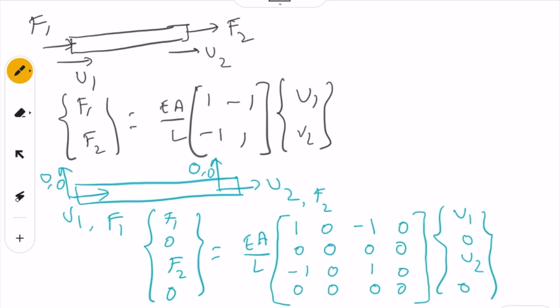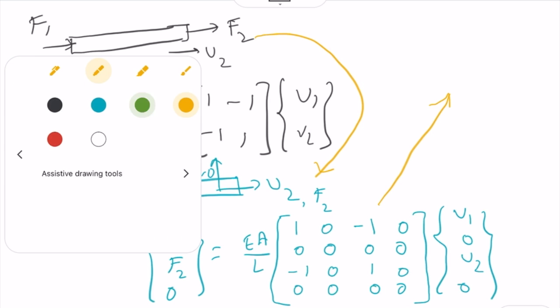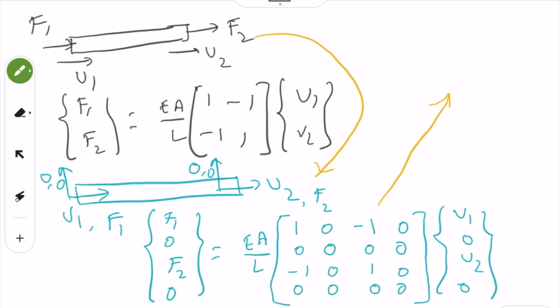So from this we have transformed to this one, and from here we want to transform to something different. And which one? This system where we have a bar, but this is now inclined at an angle theta.